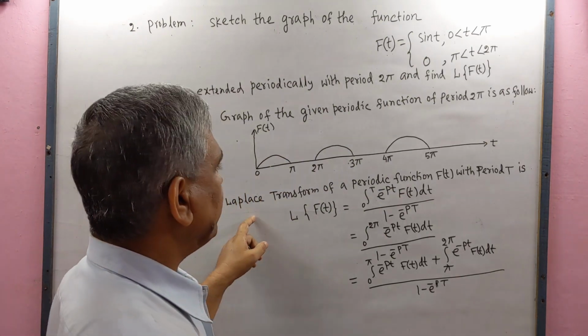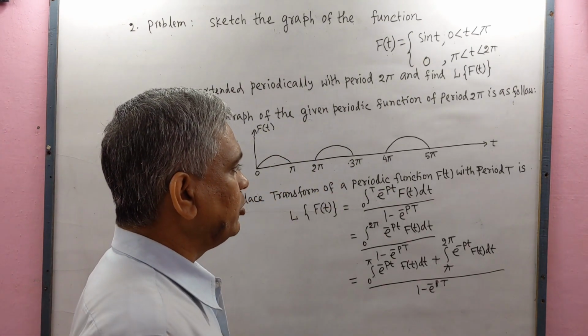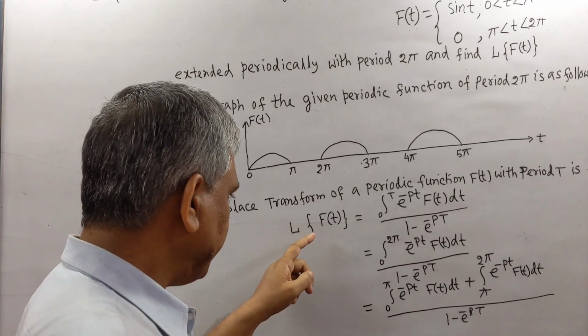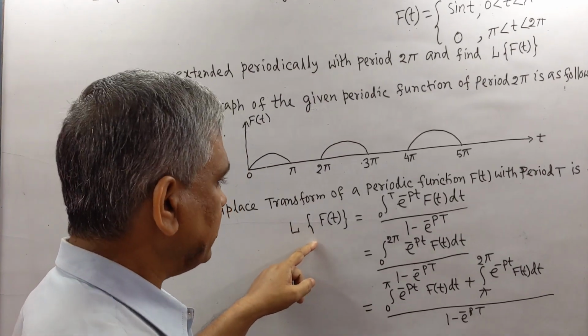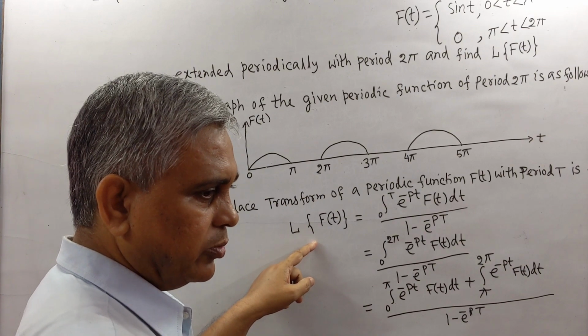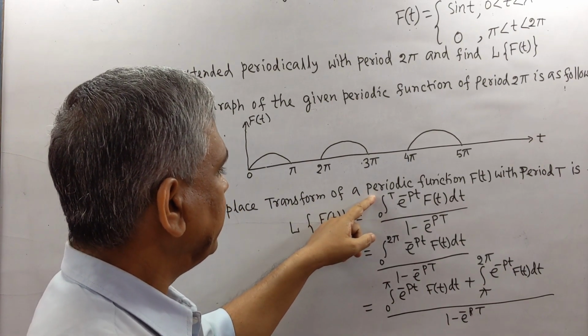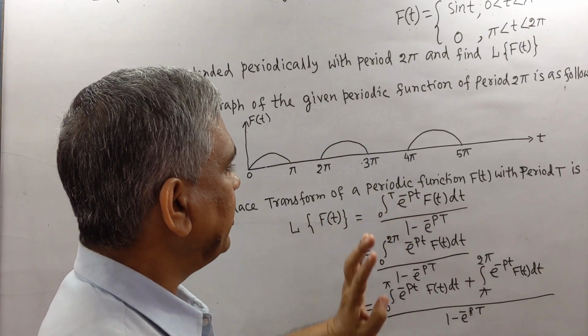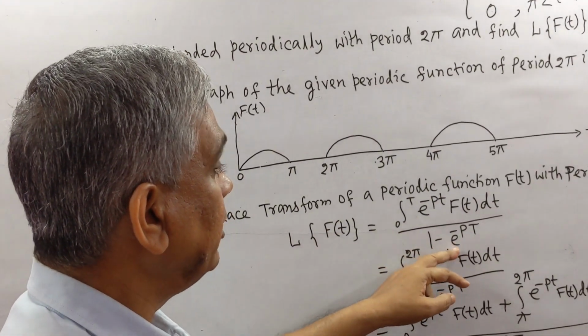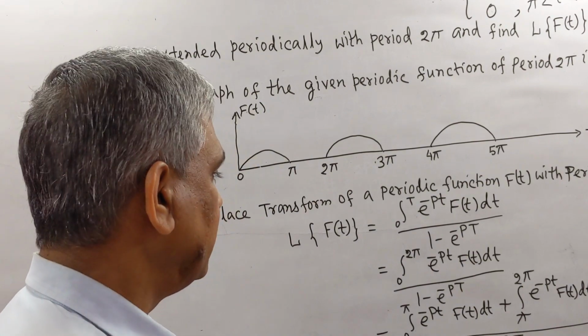The Laplace transformation of a periodic function f(t) with period T is given by this formula. F(p) equal to integral from 0 to T of e to the power minus pt f(t) dt, divided by 1 minus e to the power minus pT.